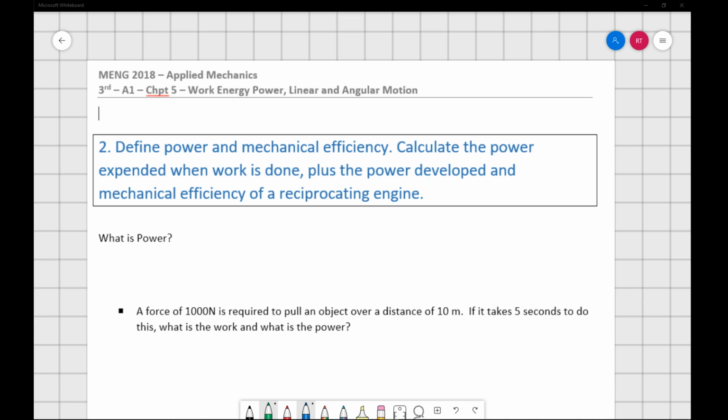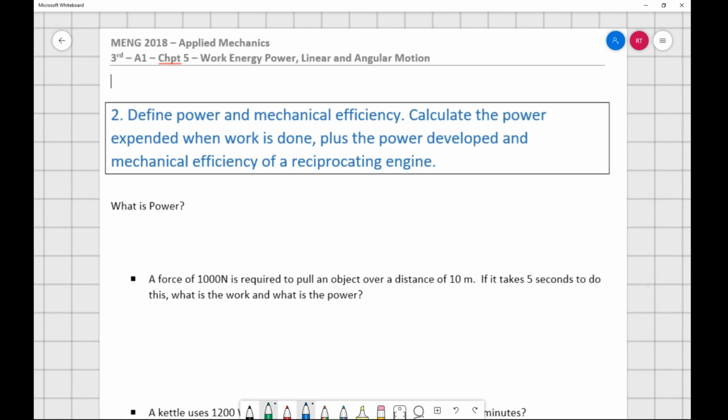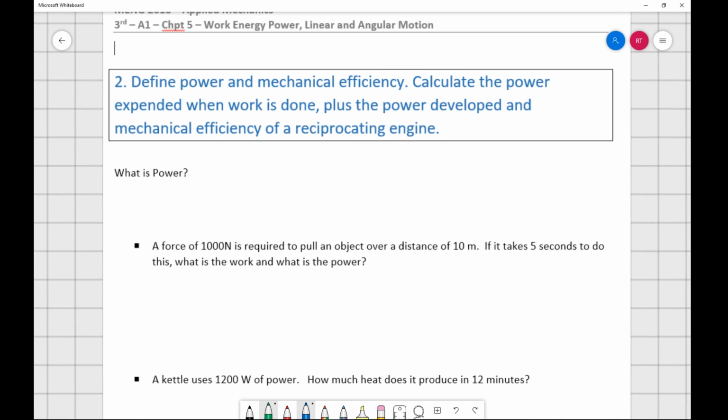First thing, we need a bit of definitions and some equations. So first of all, what is power? Well, power is a measure of energy by time.